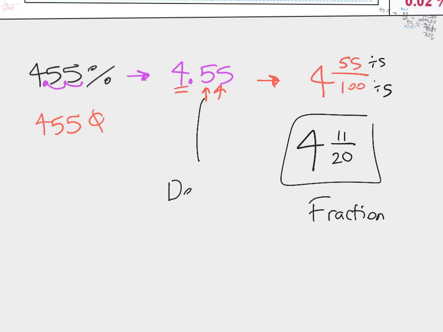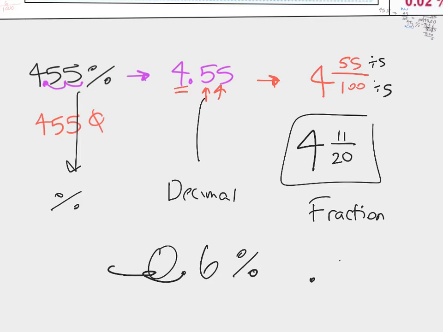That's the decimal. And that's the percent. And it's important to remember that if you are given a decimal that's also a percent, it's not considered a decimal. It's considered a percent. So to turn it into a decimal, I have to move 2 to the left and then fill in the extra zeros.